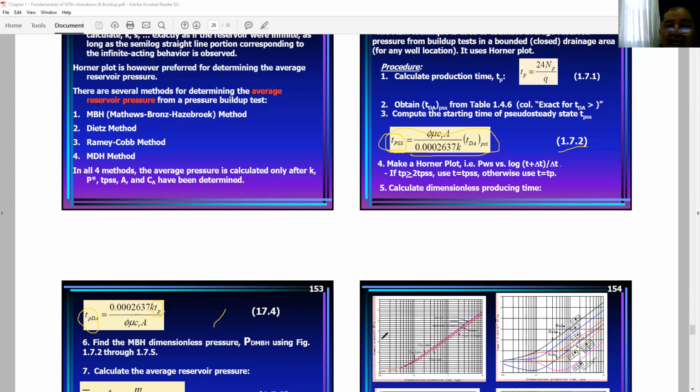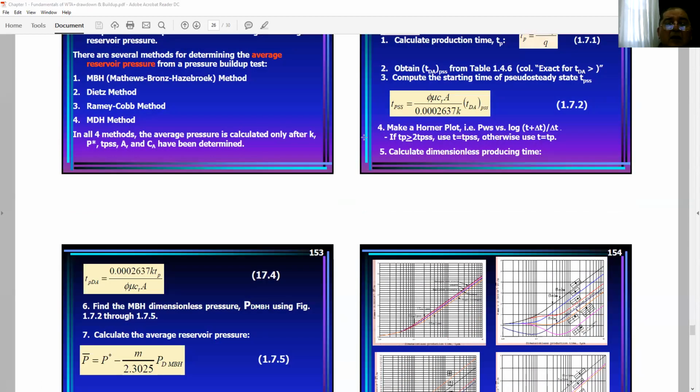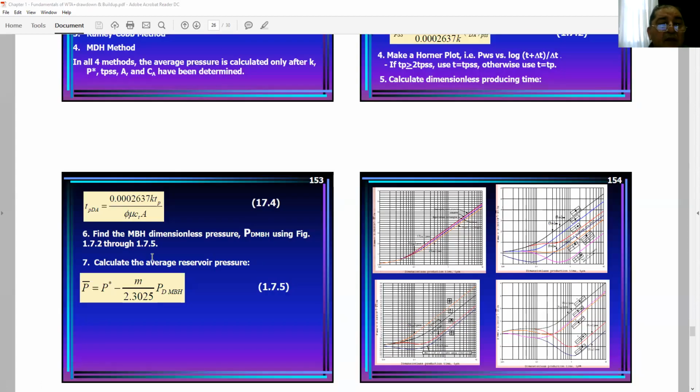From tpDA, the dimensionless production time calculated by 174, then we need to go to one of the figures here. These are 4 figures.